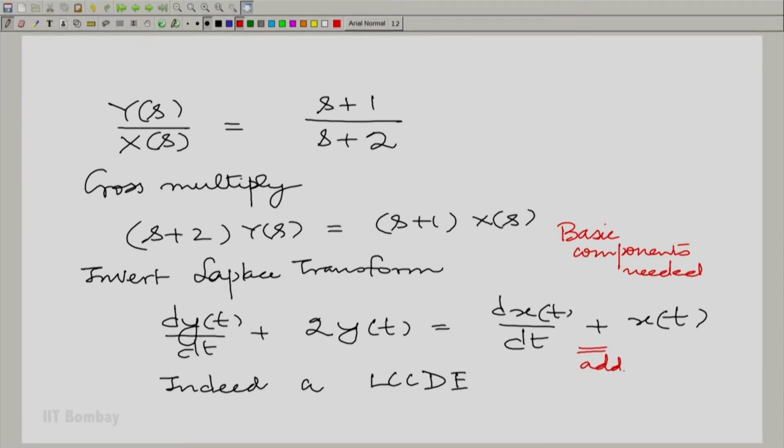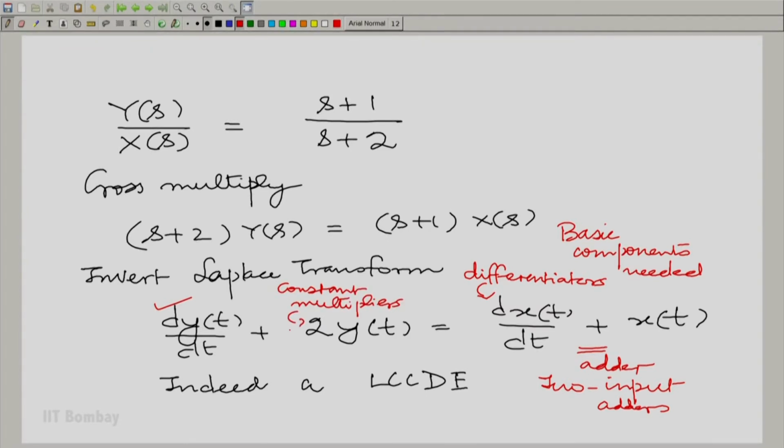You need an adder or more than one adder, and of course you can have two input adders and use many of them. You need a differentiator. You need it here and you need it here. You need a constant multiplier like this.